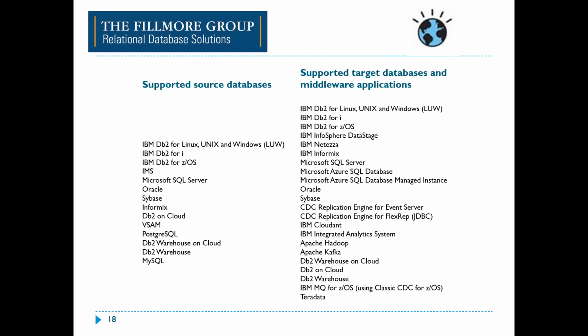So in terms of sources and targets, this is an eye chart, but I put this here for a purpose. These sources and targets comprise all three of the components that I just showed you. Some do some, some do others, but within the suite of IBM replication, they can do all of these. And this is pretty much all the things that you would probably want to copy data from and send data to.